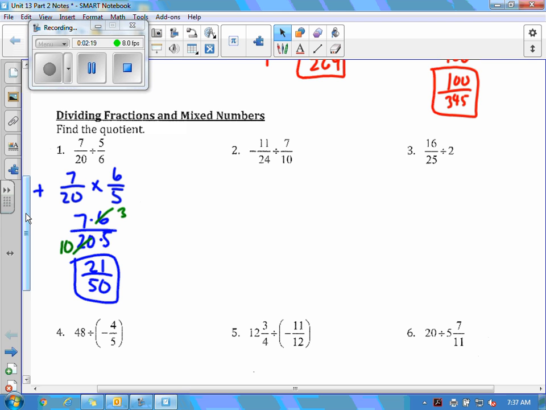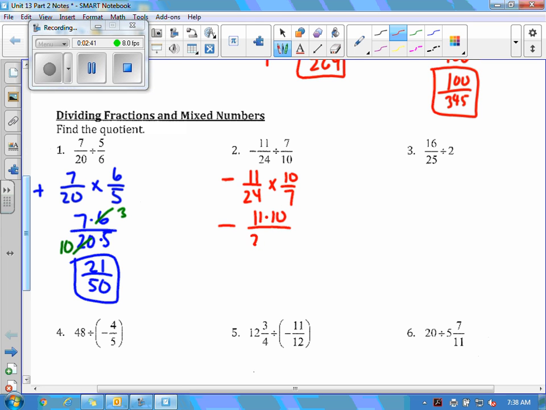Number 2, I have negative 11 over 24 divided by 7 over 10. Before I do anything else, I need to decide if it's positive or negative for my answer. I'm doing a negative divided by a positive, so it's a negative final answer. Then I need to go ahead and keep, change, flip. So I'll have 11 times 10 over 24 times 7.